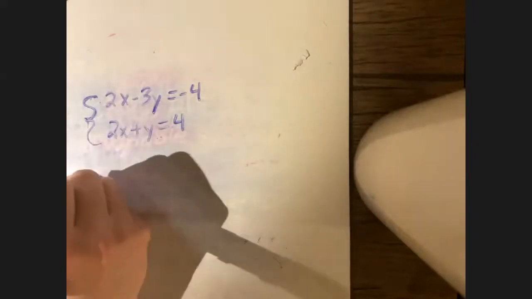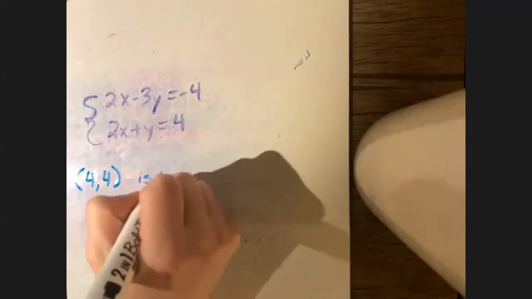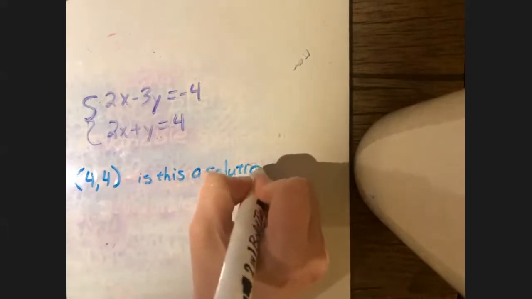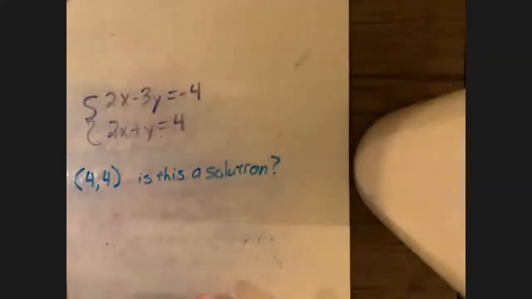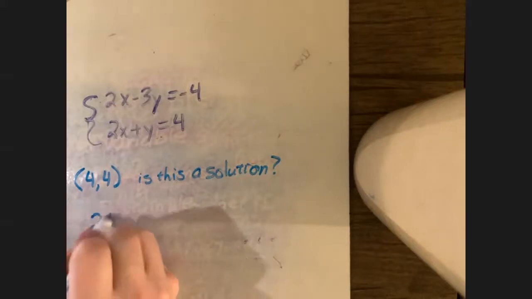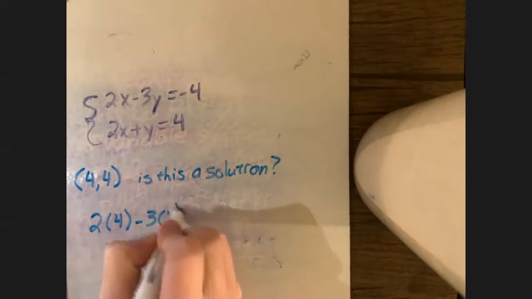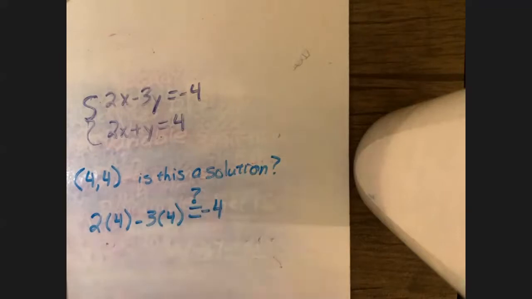Now, they'll ask, is (4, 4) a solution? All that means is we're going to plug in 4 for x and 4 for y, and we're checking whether or not that gives us the answer on the other side.